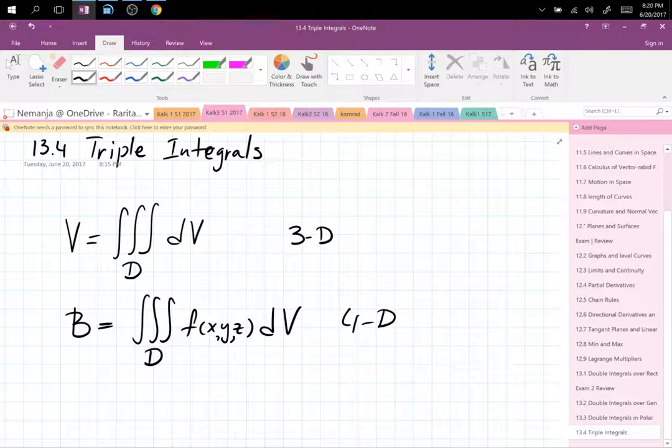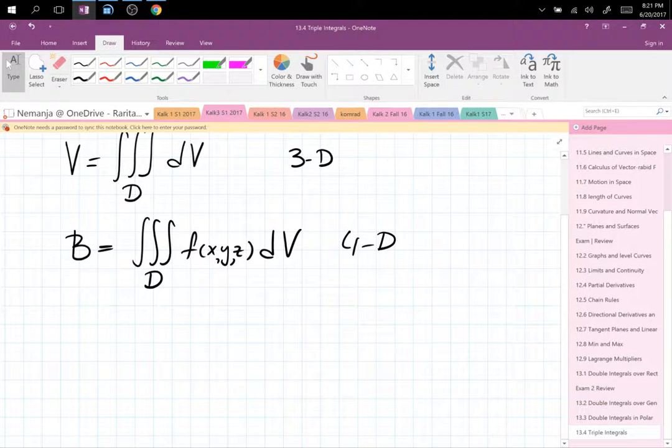So to start with the triple integrals today, we are now not thinking about a representative rectangle or representative pizza slice. Now we are thinking about a representative cube.